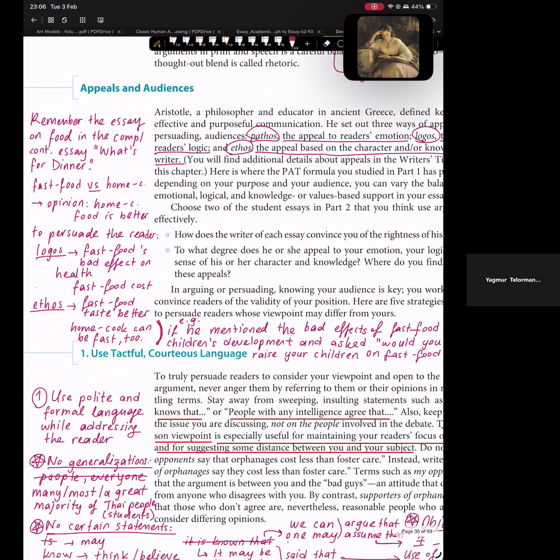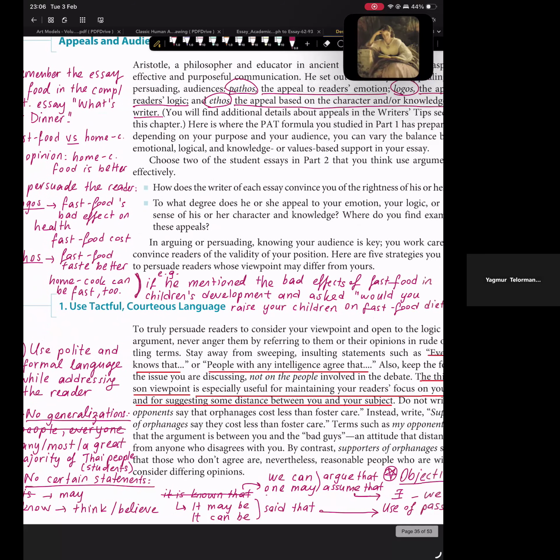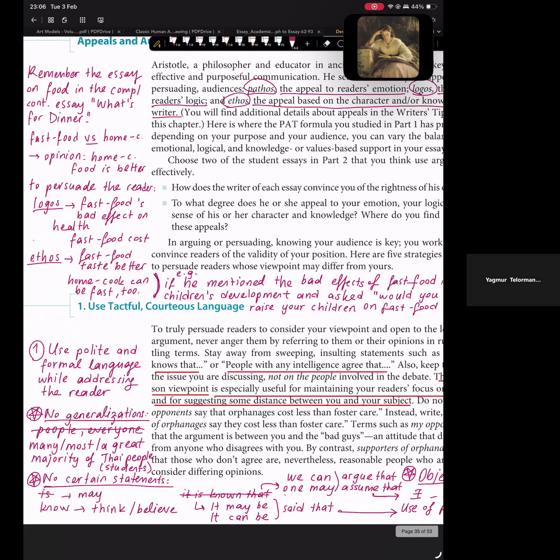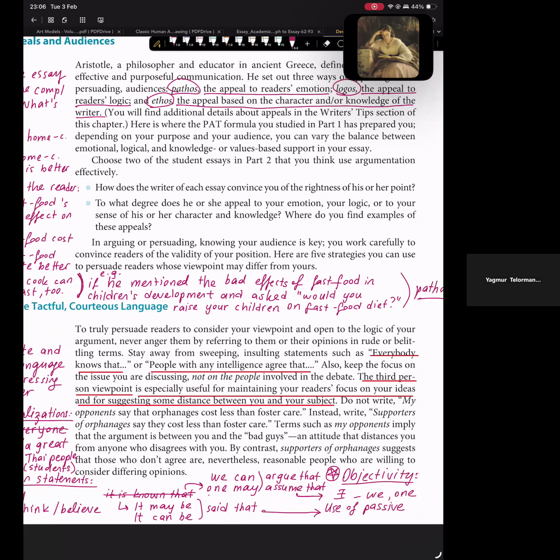Okay, first of all, when we write the argumentative essay, we need to use polite and formal language while addressing the reader. Polite, for example, we shouldn't say, everybody knows that, or people with any intelligence agree that, which is quite rude.